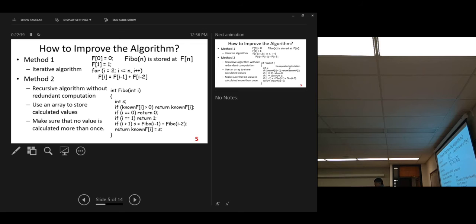Although both are linear, can you tell me which one is slightly better, or slightly faster? Storage, yeah. But compare the overhead. Which one uses a little more overhead?